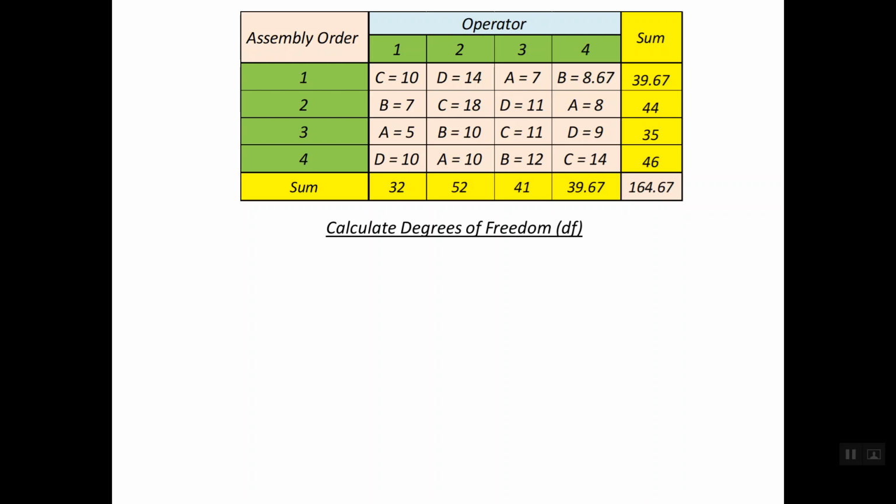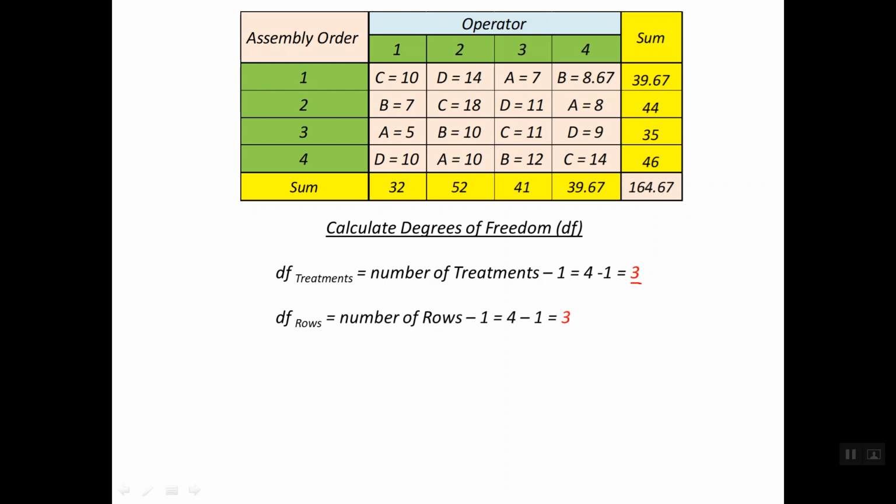Let's start with the calculation of the degrees of freedom. The degree of freedom for the treatments is simply equal to the number of treatments minus 1, which is 4 minus 1, equal to 3. For the rows, and notice that the rows here represent the assembly order, it is equal to the number of rows minus 1, and it is the same as the treatment because we have a square here, so it's 3.